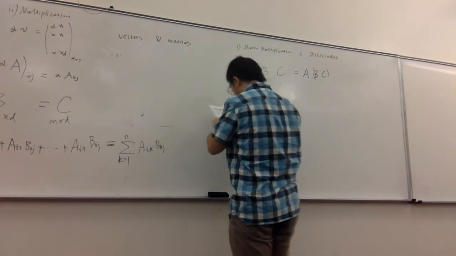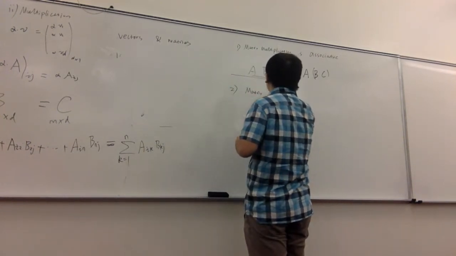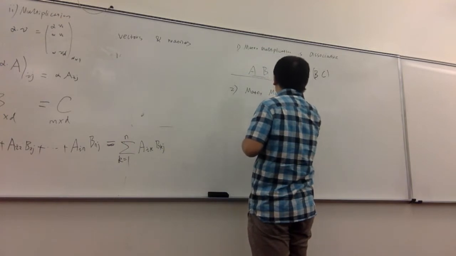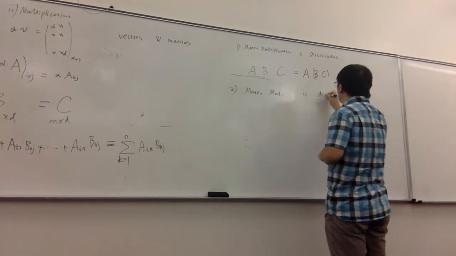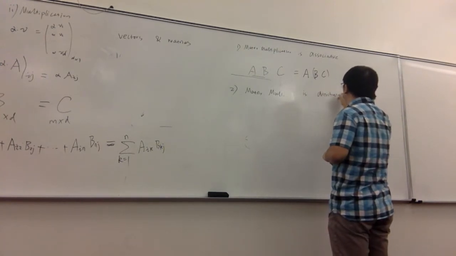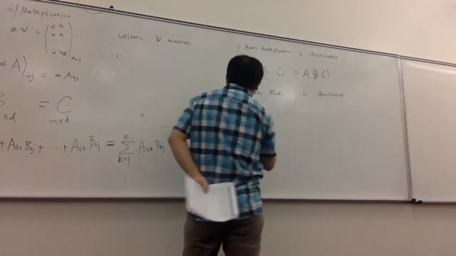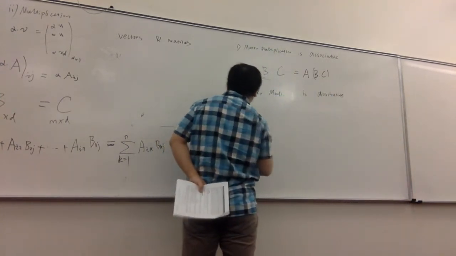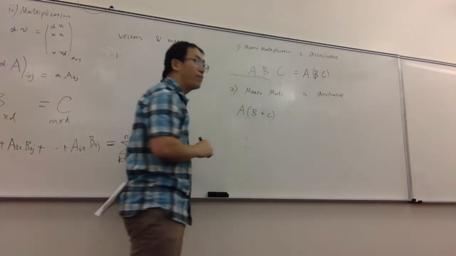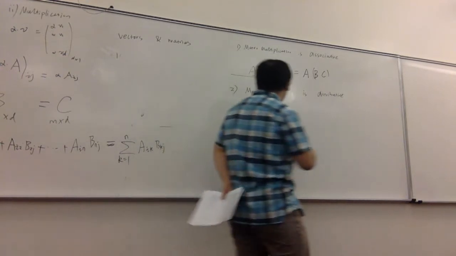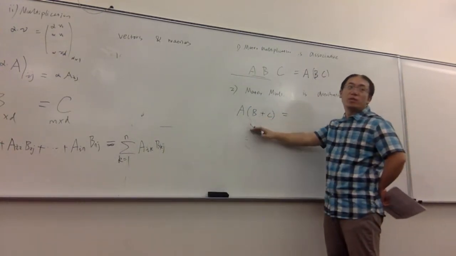And second, matrix multiplication is distributive. So what does distributive mean? It means that if we multiply a matrix A with a summation of 2 matrices, B and C, it is equal to first doing the multiplication and then doing the summation.